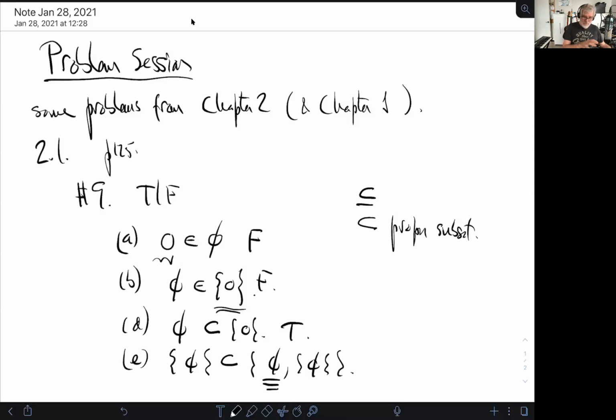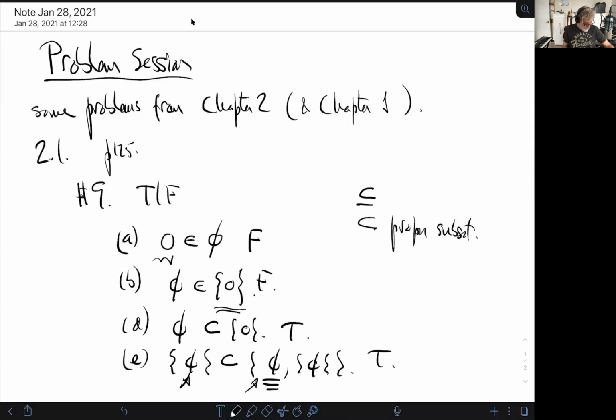So what does it mean that the left-hand set is a subset? Let's start with subset. They're obviously different, so if it's a subset, then it's a proper subset. So the only question is: is the left-hand set a subset of the right-hand set? What does that mean? Every element in the left-hand set is an element of the right-hand set. Is this true? Yes, this has one element. It is here. So this is true.